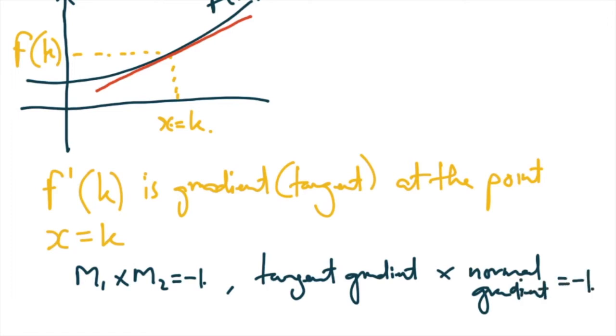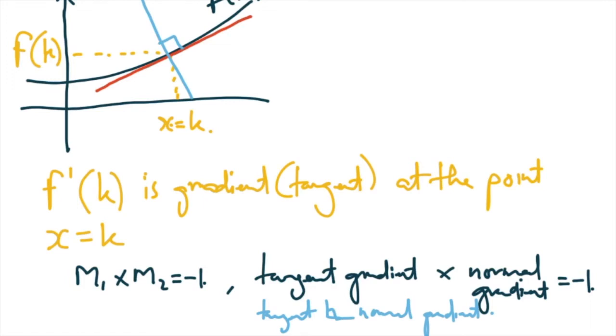So if the red line is a tangent, the blue line is normal, because we know tangent and normal multiplied gives you -1. Why? Because the tangent is perpendicular to the normal gradient. So this is the most important thing.